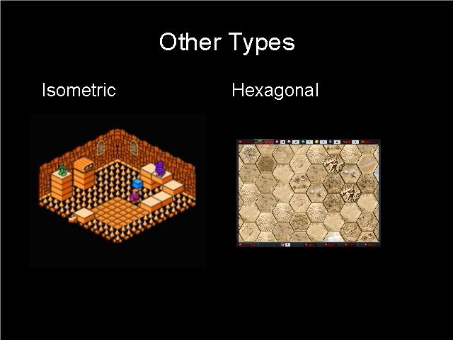Now, some entrails. Isometric and hexagonal are different ways to do tile mapping. In fact, it is tile mapping. All it is, the math is slightly different. Isometric is just used because it looks better. It's basically pseudo 3D. It looks 3D, but it's actually 2D.